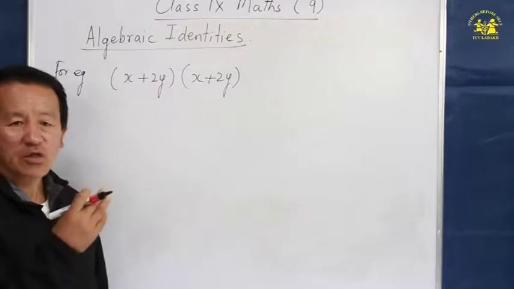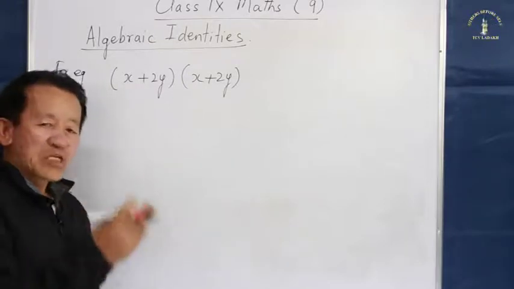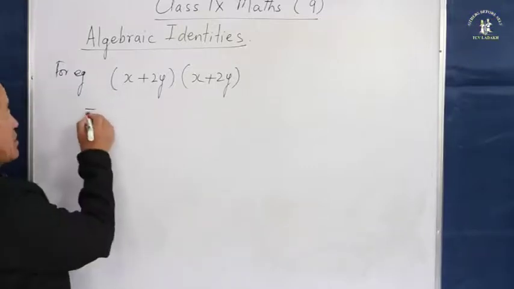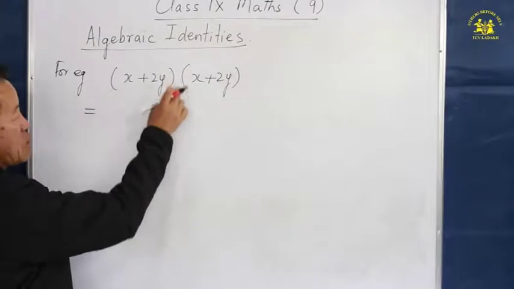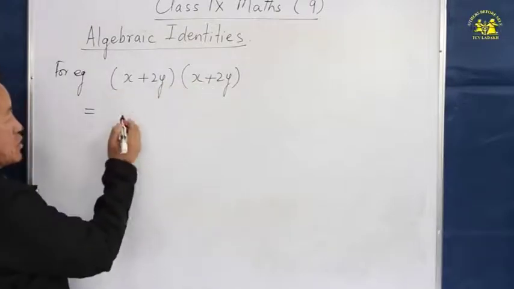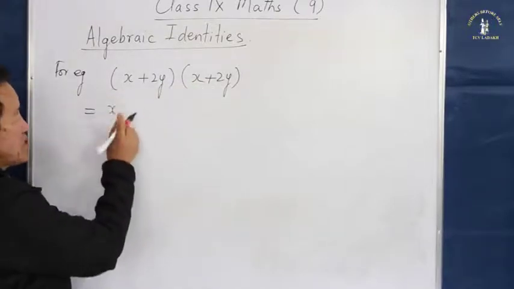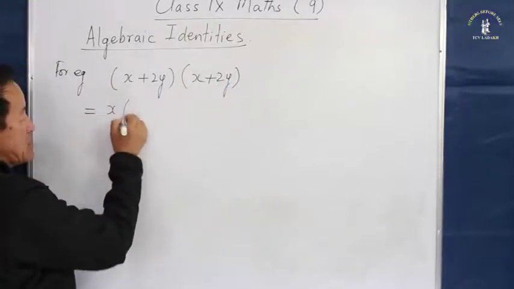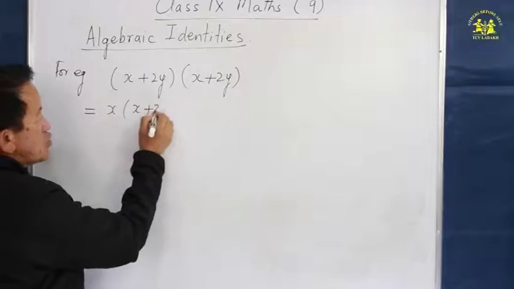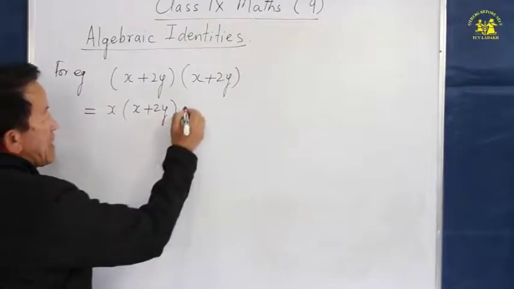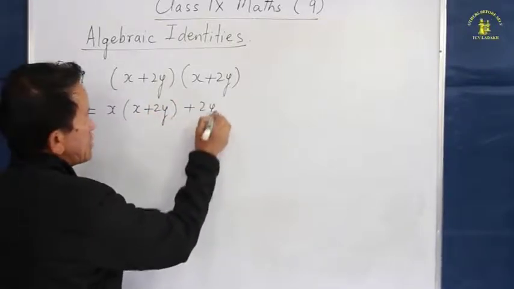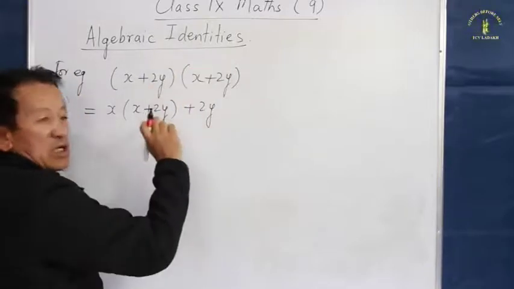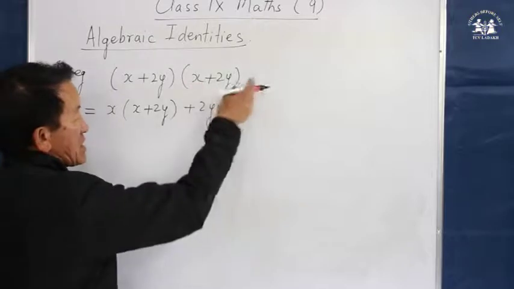So first we'll try to multiply each and every term one by one. So x plus 2y into x plus 2y is equal to, first multiply x with both these two terms: x bracket x plus 2y, plus, again you multiply the second term of the first expression with the two terms of the second expression.